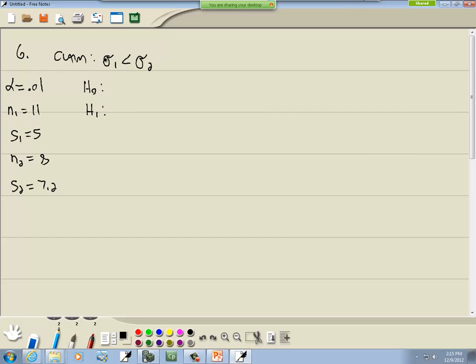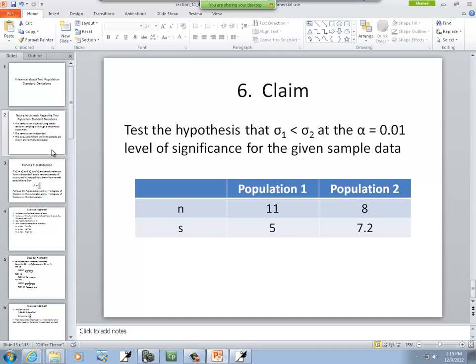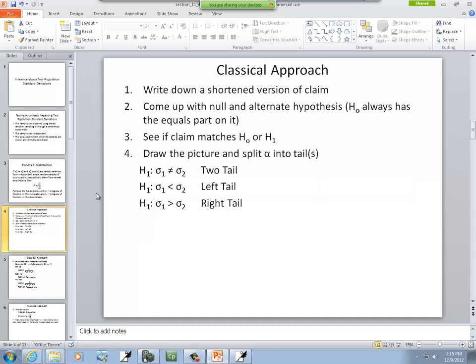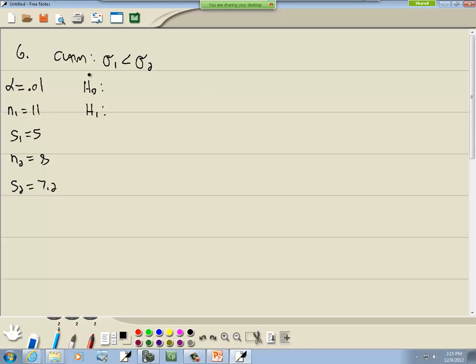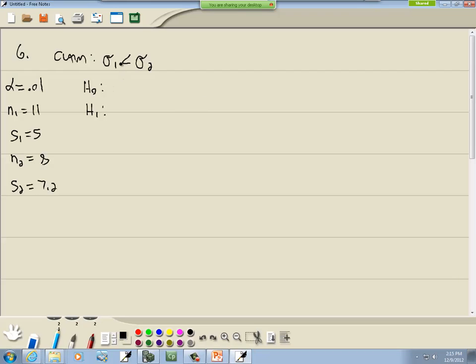Okay. Let's go through our steps for the classical approach. Write down a shortened version of the claim. We have that. Come up with a null and alternate hypothesis. The only place you can put less than is on H1, so that's where this has to go, which implies that the claim matches this.